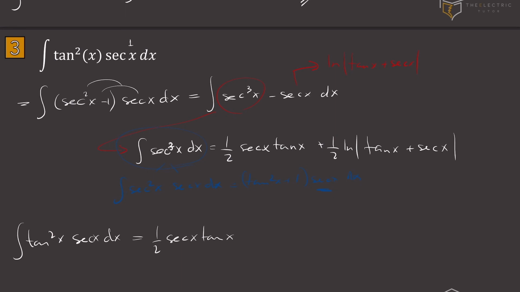Let me just highlight it. All of this minus this. So it's basically 1/2 minus 1. That leaves us with minus 1/2 natural log absolute value tangent x plus secant x and all that good stuff, plus c. And we're done.